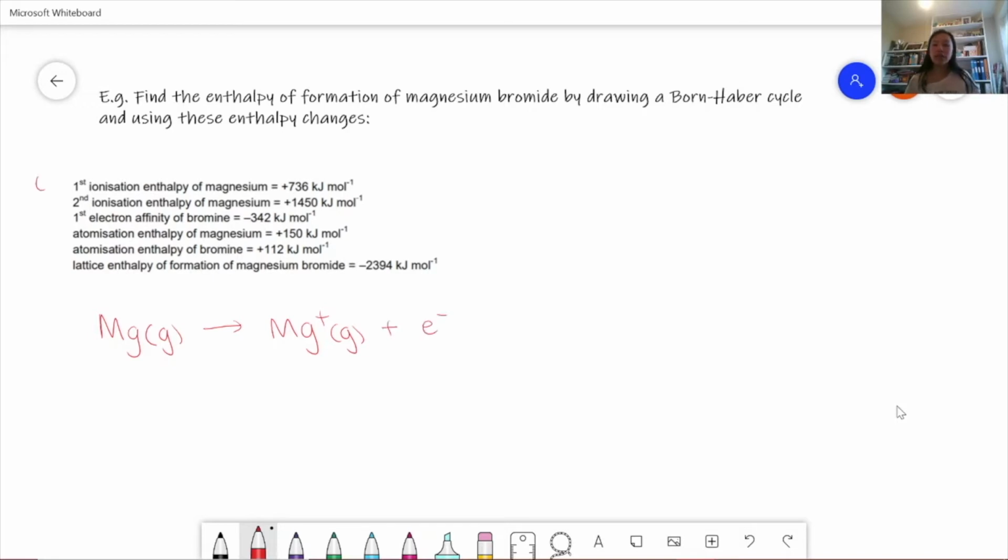So if I label these 1, 2, 3, 4, 5, and 6, now we can write out the equations. So that's our first equation.